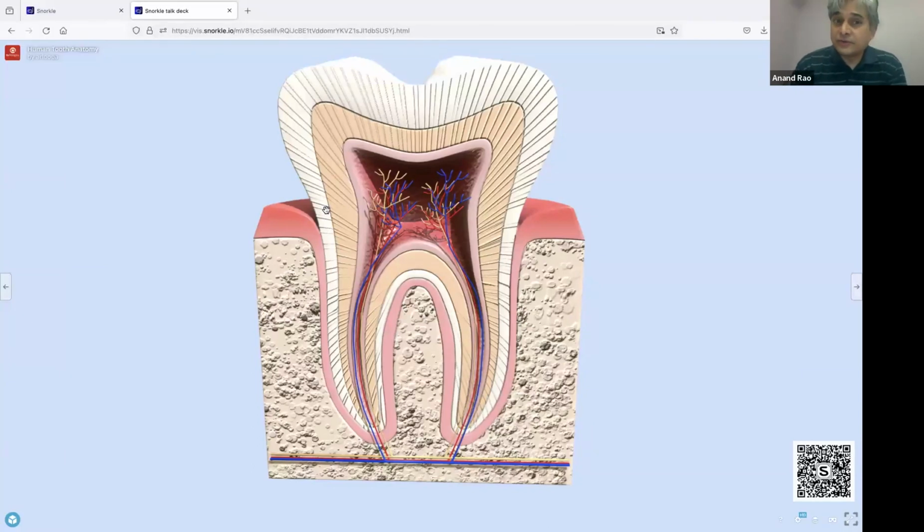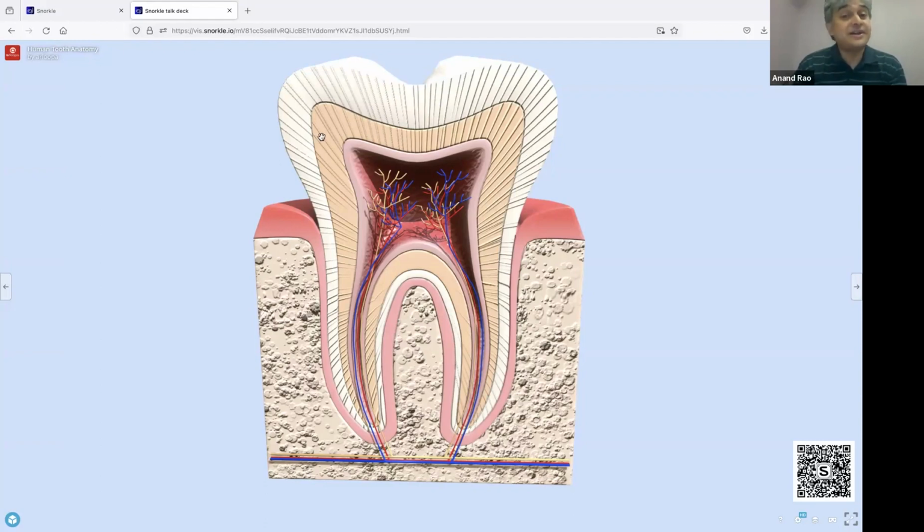The color of your tooth mostly is determined by this layer, and this is called the dentin. So you can think of the enamel as the outer jacket of the tooth, and you can think of the dentin as the inner lining of your tooth. This is the part of the tooth that actually shines through and gives your tooth color. The enamel does not have so much sensitivity or feeling to it.